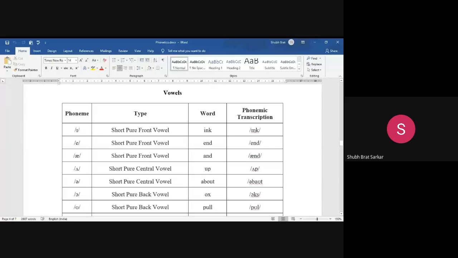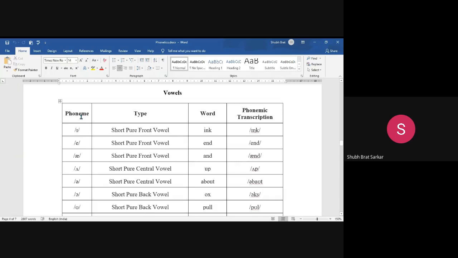So you can see this diagram where we have a chart of the vowels. First, we will take the short, pure front vowels. So although there are 4 front vowels, of these 4 front vowels, 3 are short vowels.